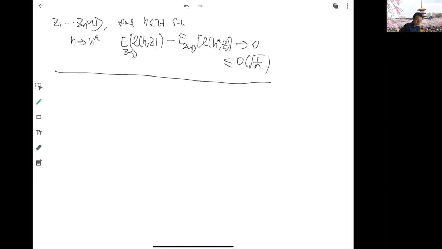It turns out that this batch learning setting also reduces to no regret minimization. I'm going to leave the details to your homework, but this technique is called online to batch conversion.